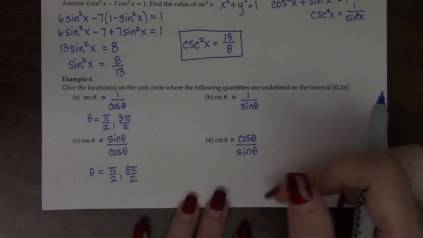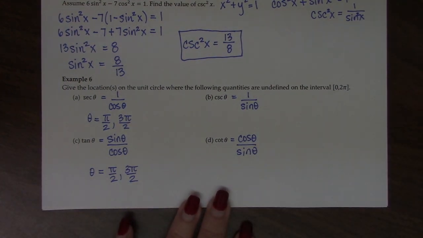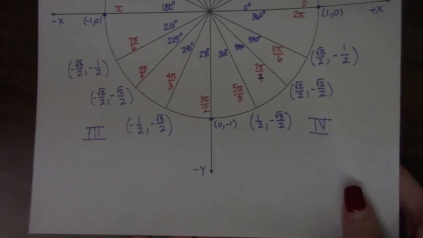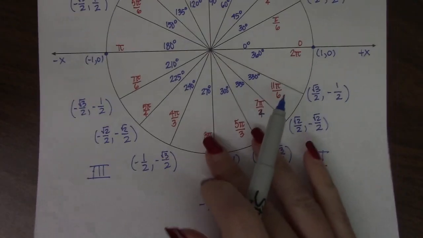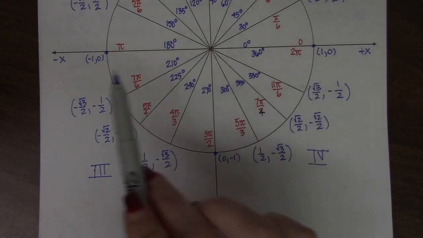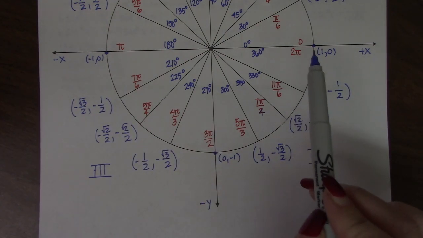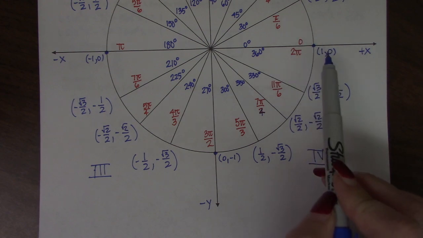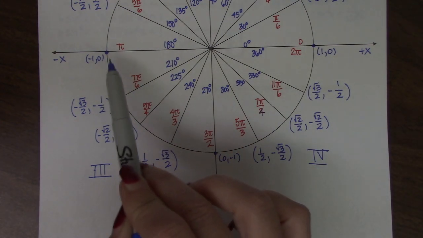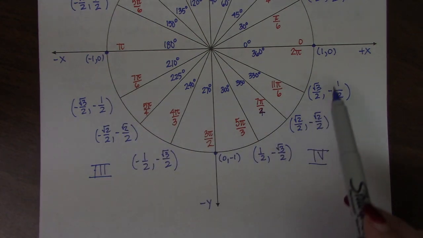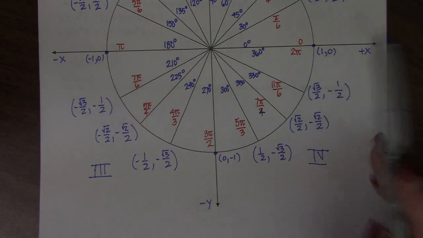But these two have a denominator of sine. So if I go back to my unit circle, I see that y is 0 on the x-axis. Notice my interval was 0 to 2 pi included. So we get 0 at 0, we get 0 at pi, and then when we continue around and get back to 2 pi, we get 0 again.